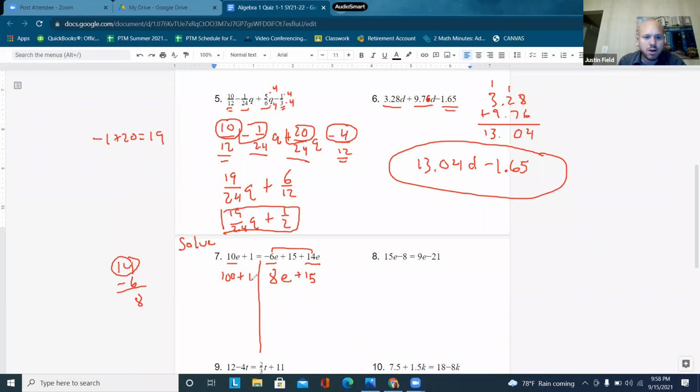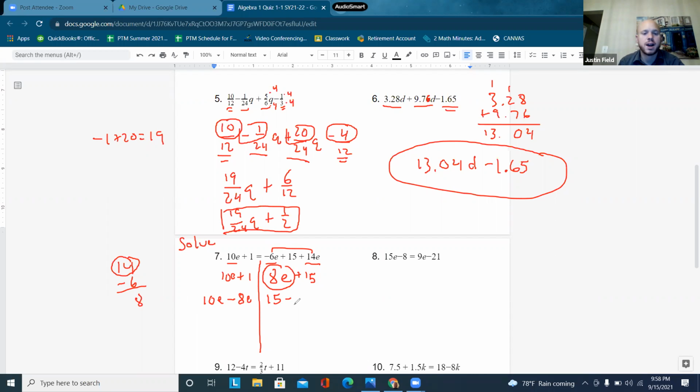All right, now I need to get the variable terms on the same side, on the left. So the 10e is already on the left, but this 8e, it needs to go to the left. Well, on the right, it's positive. So on the left, it will be negative. And then the 15 is over here. And then the 1 has got to go over there.